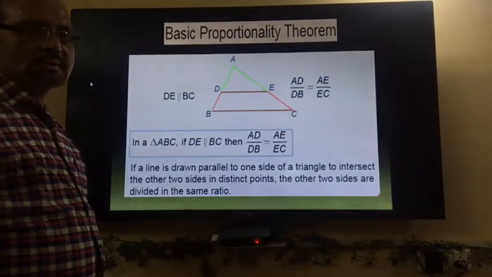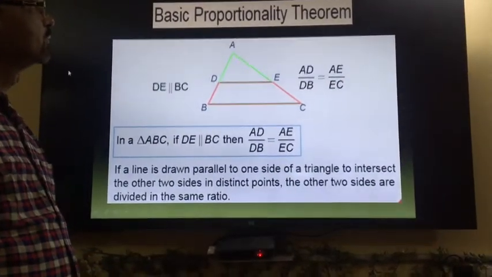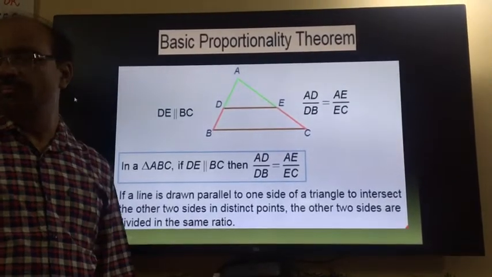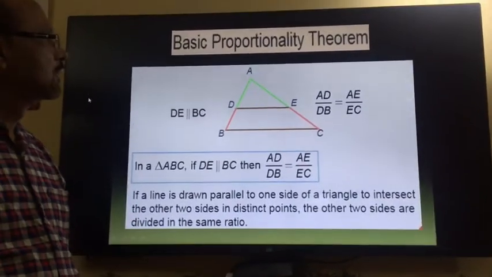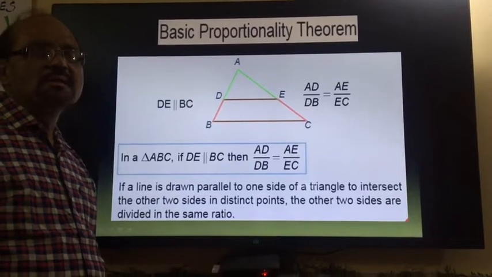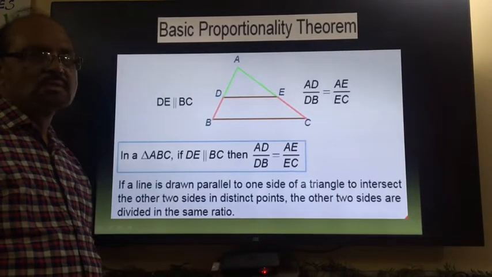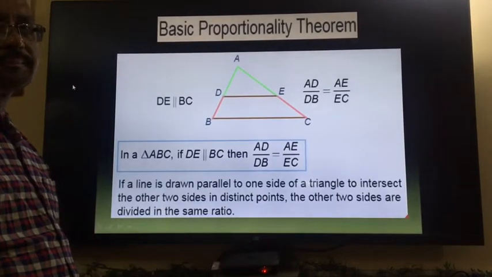So when I taught the theorems, first theorem I taught you was the basic proportionality theorem. It is also known as Thales theorem. So what was the statement of this theorem?